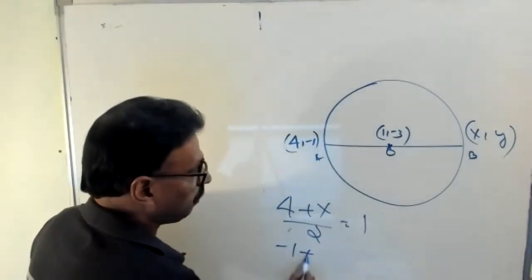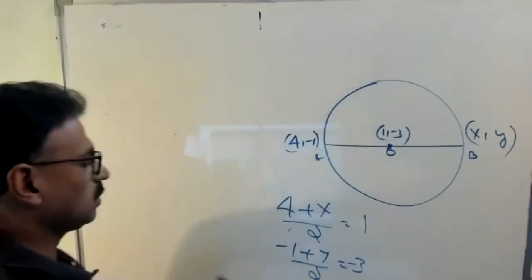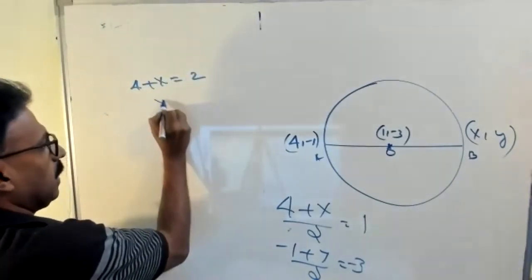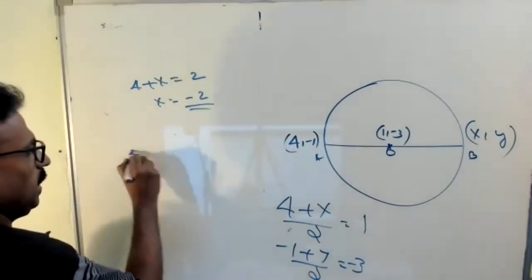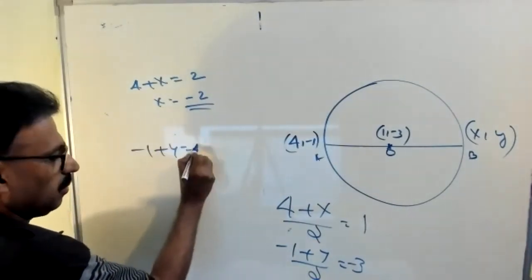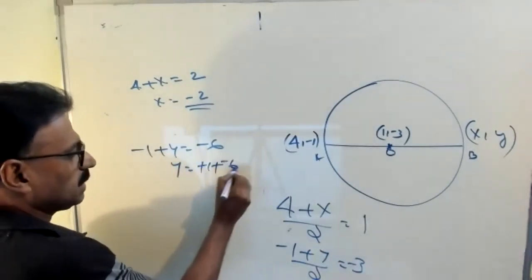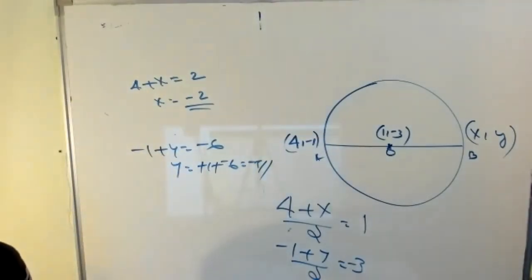And (-1 plus Y) by 2 equal to -3. So 4 plus X equal to 2, X equal to -2. Then -1 plus Y equal to -6, Y equal to 1 plus -6 equal to -5. So answer is (-2, -5).